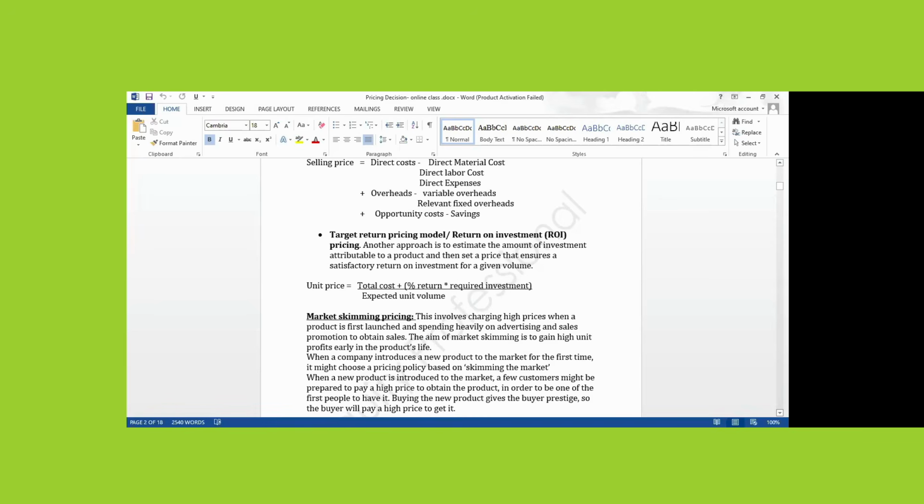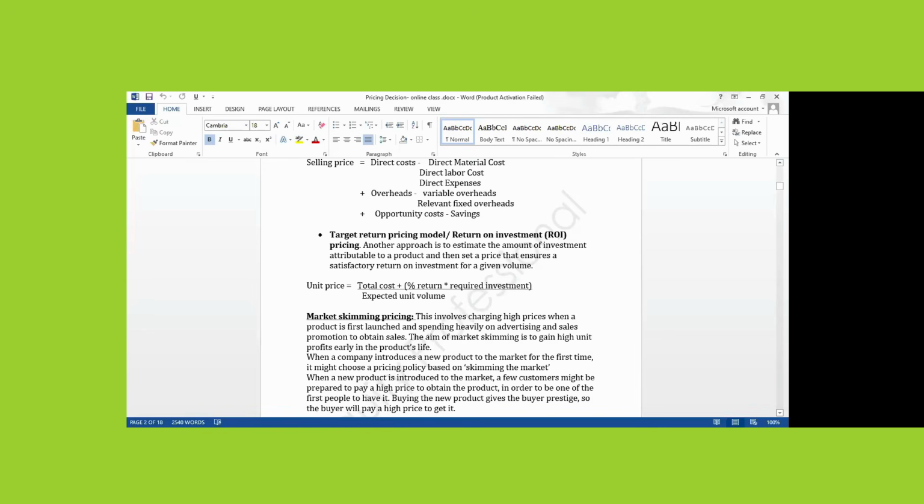Target return on investment pricing can be used to achieve a specific or a target return on investment for the owners.